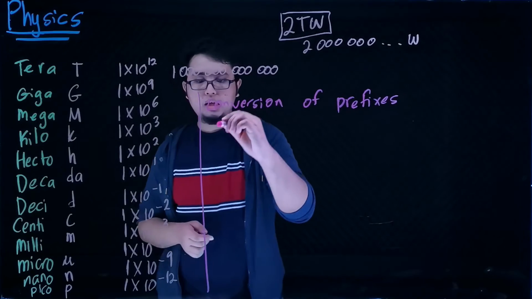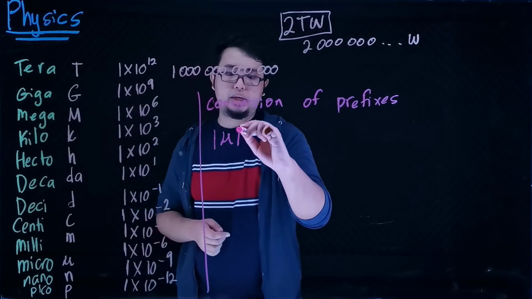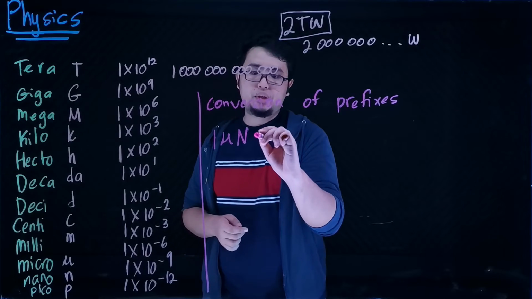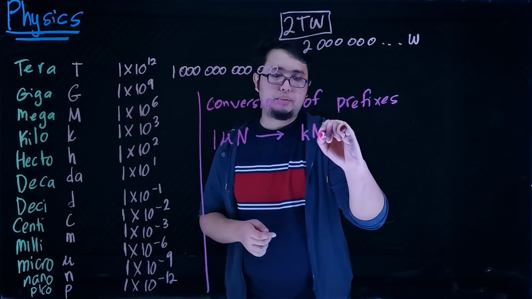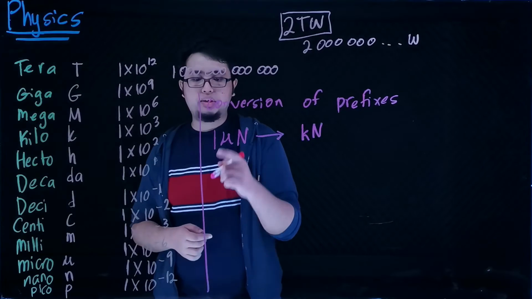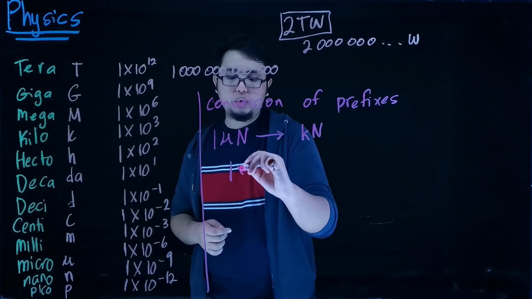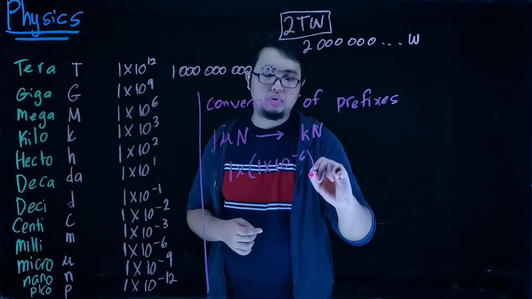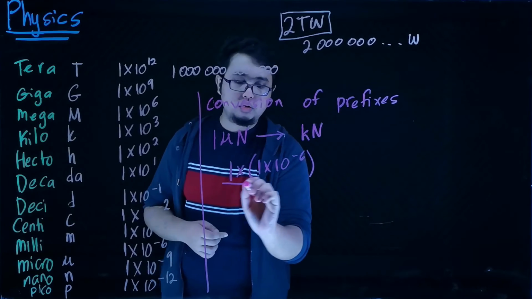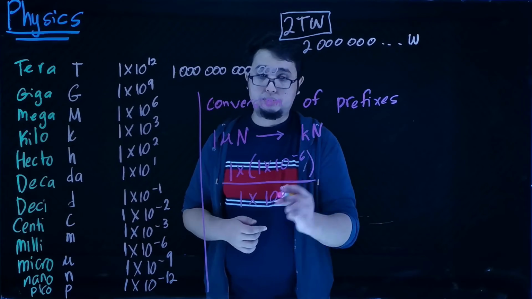Now, let's say I have 1 micronewton. From this micronewton, I want to convert to kilonewton. So what you need to do is put here 1, and expand the micro. So it is 1 times 10 to the power of negative 6. Expand the kilo. You're going to have 1 times 10 to the power of 3.